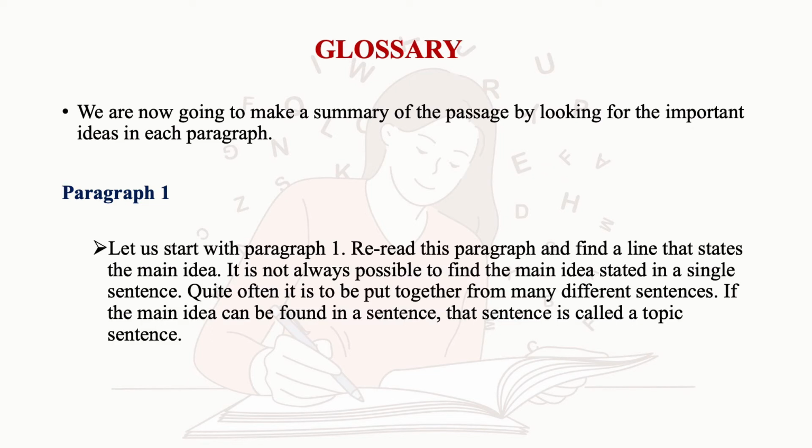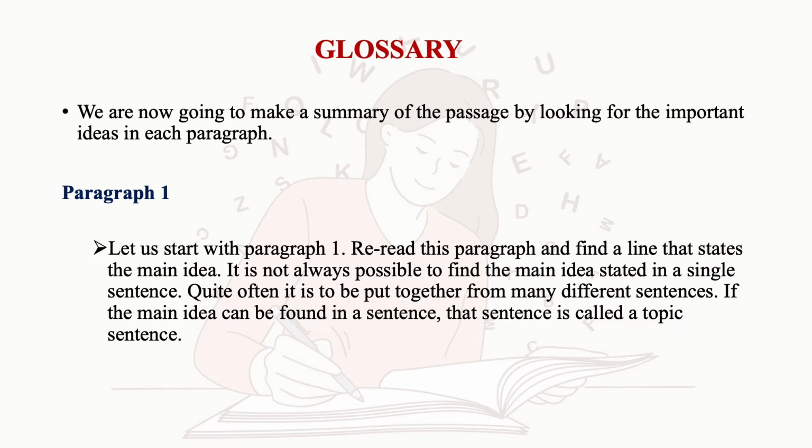The first step would be to read the paragraph. So here, as we have already read the passage, we will reread this paragraph and find a line that states the main idea. It is not always possible to find the main idea stated in a single sentence.